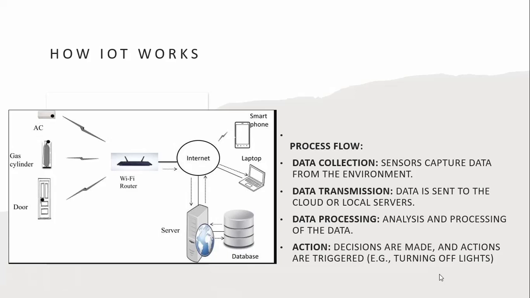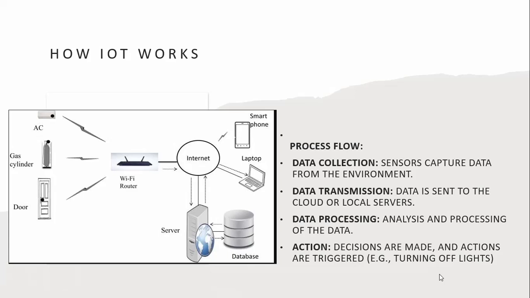Then how it will work, the process flow. First, the sensor will capture the data from the environment. We have sensors like a temperature sensor, a brightness sensor, or LDR sensors. We have many other sensors. So these will capture data from the environment. Then this data will be sent to the cloud service or any other local server.